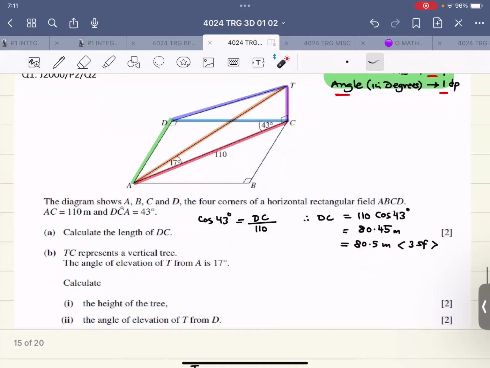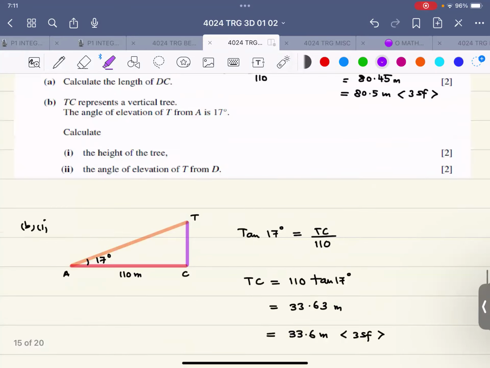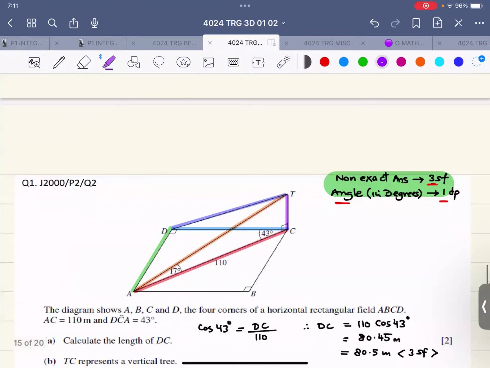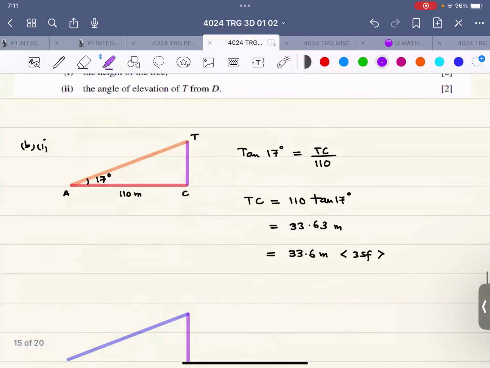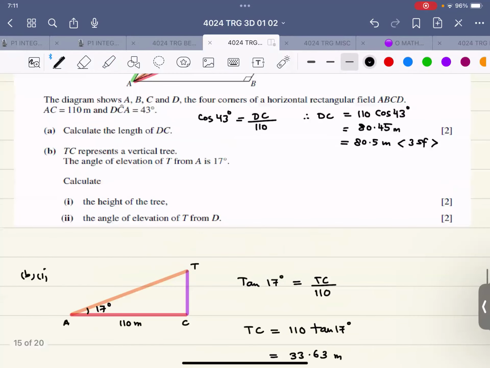So DTC, let me draw this. So this goes like this, and then we have the tree over here, and then we have DC in blue. So this DC is in blue color, and this is D, this is T, and this is C. Use the unrounded value, 33.63. Use the unrounded value, 80.45.